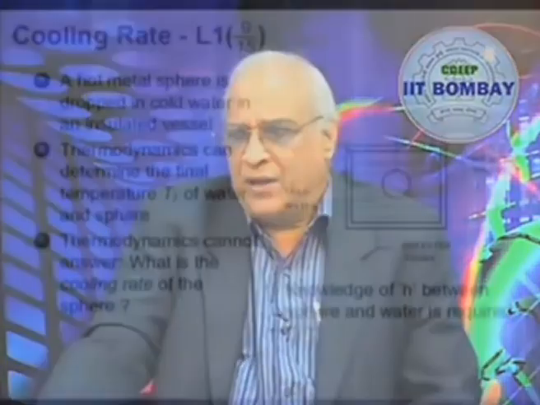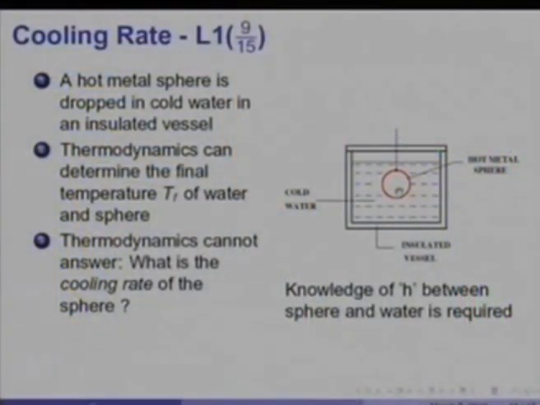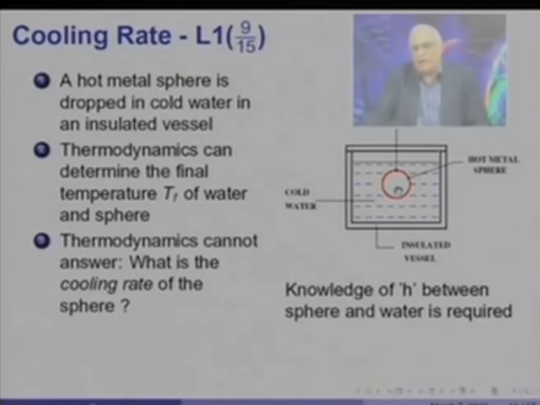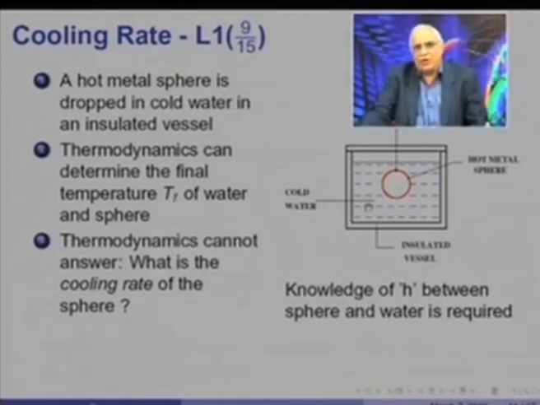Here I consider the very simple example of a hot metal sphere which is suddenly dropped into cold water, and the water is held in a perfectly insulated vessel. Obviously, as the time progresses, the metal sphere will cool down and the water will heat up.